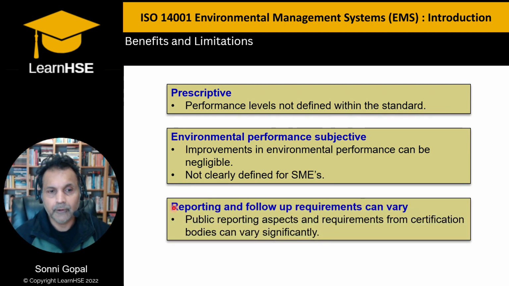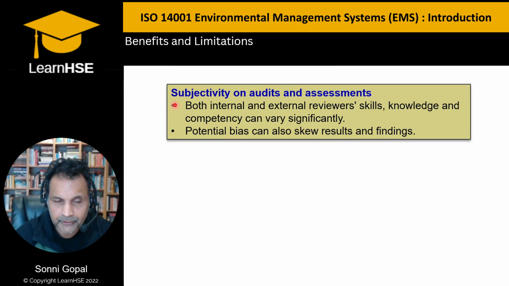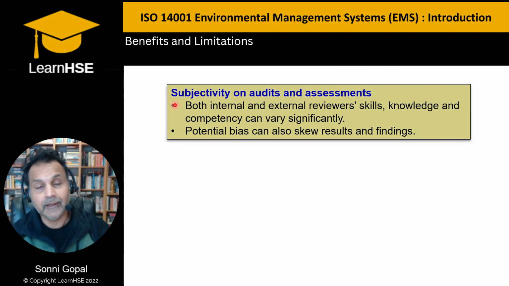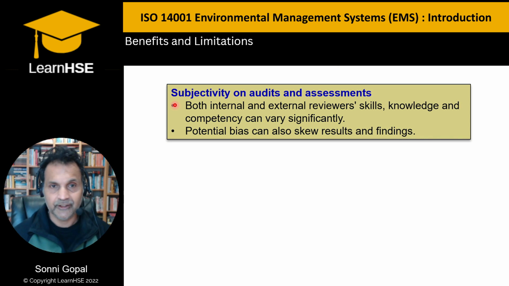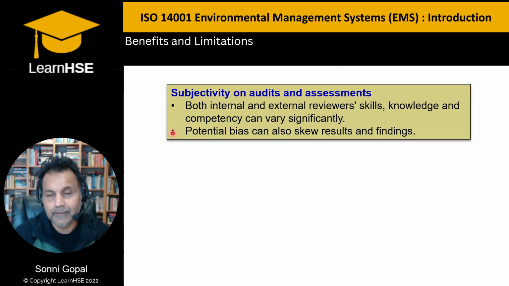The reporting and follow-up requirements can vary depending on the organization. Public reporting aspects and requirements from certification bodies can vary significantly. There's also subjectivity on audits and assessments. The knowledge and competency of internal and external reviewers can vary significantly. And there's also potential bias which can skew the results and findings in the system.